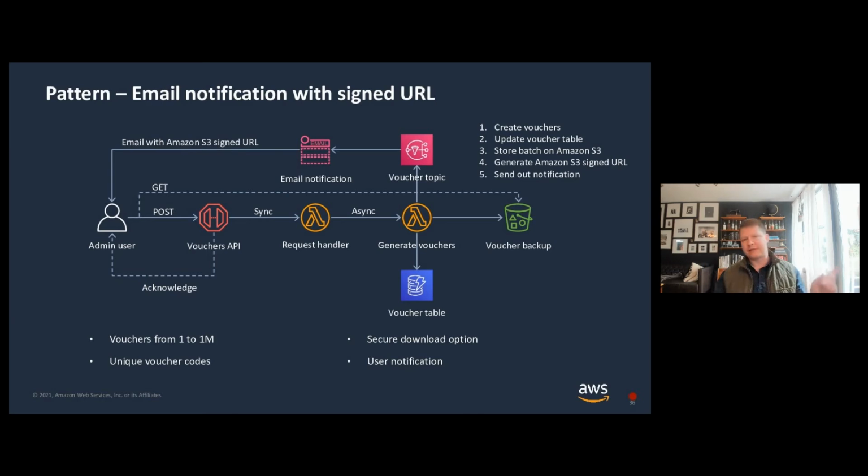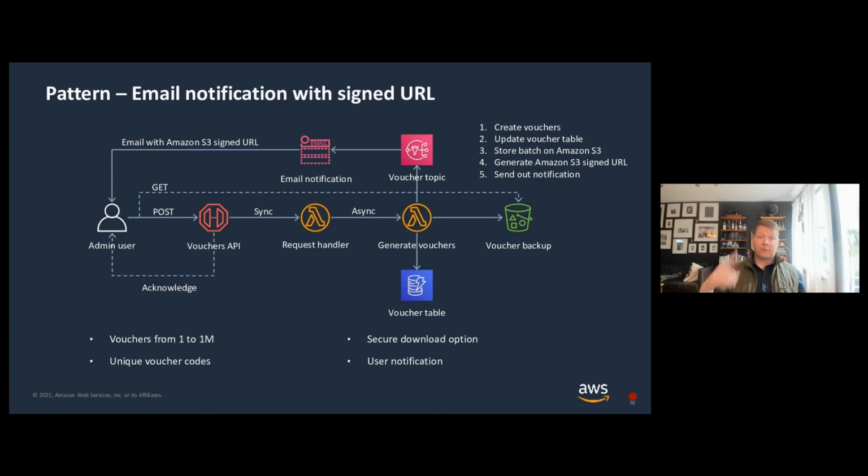Vouchers are generated, stuck in the voucher table, and then a file is submitted to an S3 bucket on a signed URL. This is a securely accessed URL that you can only have if you have the right key combo.